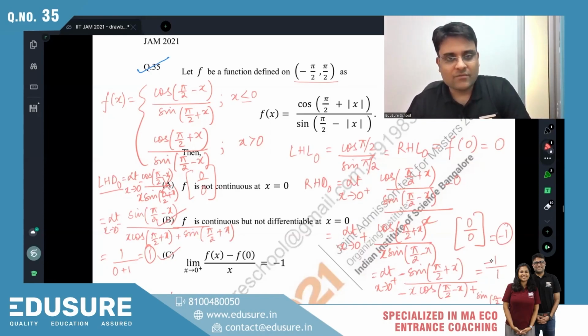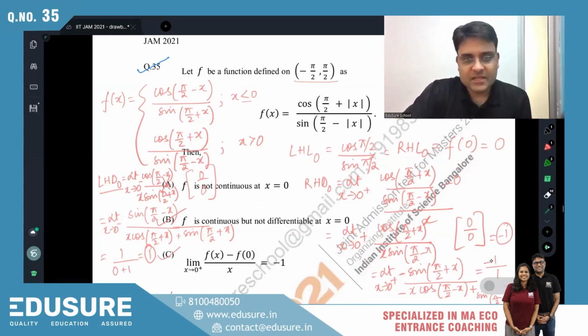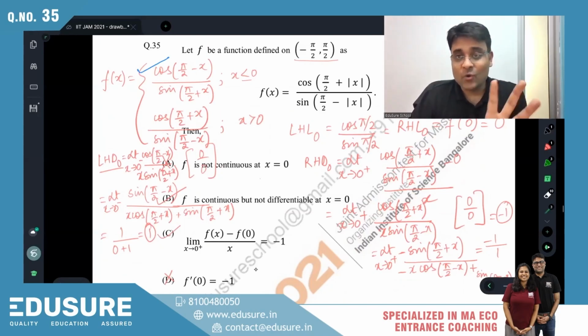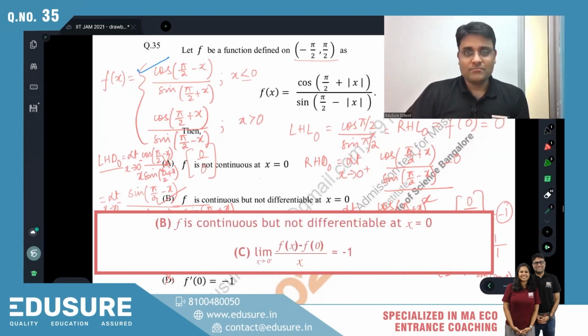Because obviously जैसा आपने देखा, जैसा आप इसको देख पा रहे हैं, this left hand derivative is not equal to the right hand derivative. इसीलिए हम लोग वो कमेंट नहीं कर सकते that it will be differentiable, and obviously it is continuous, so first part is also incorrect, right? I hope you have been able to see this. काफी working है यहाँ पे, so I hope working आपके समझ में आया एकदम अच्छे से. So this is the answer, B and C.